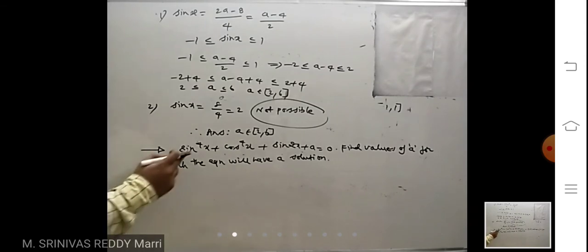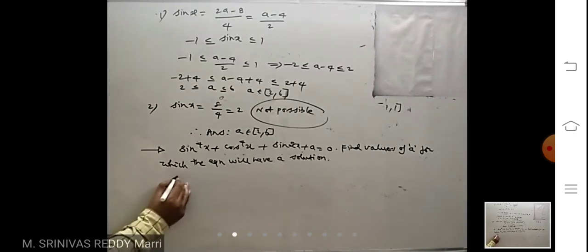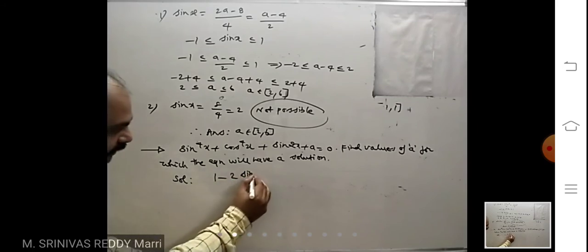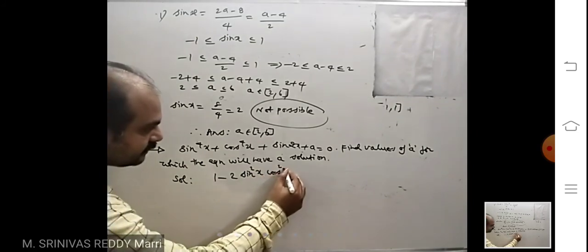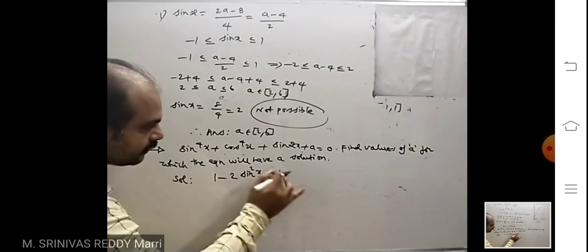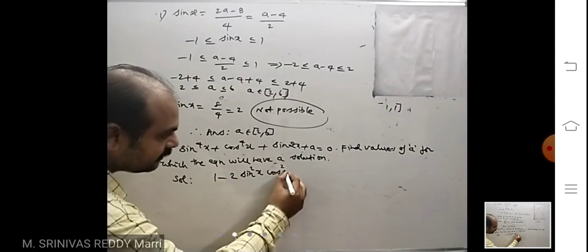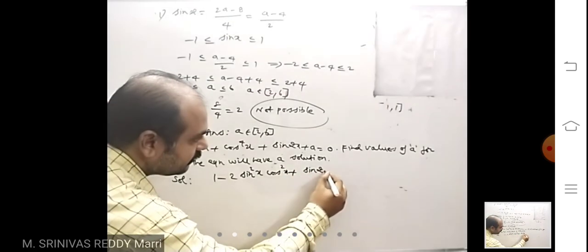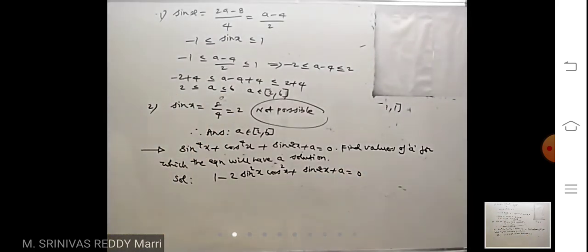So this problem can be done like this: sin power 4x plus cos power 4x. I told you the formula: sin power 4x plus cos power 4x is nothing but 1 minus 2 sin square x cos square x, plus sin 2x plus a equal to 0.